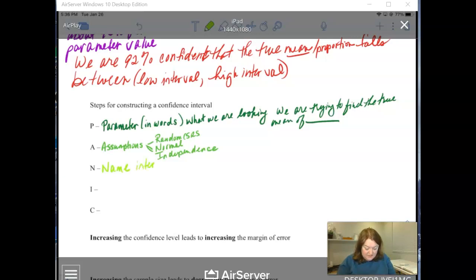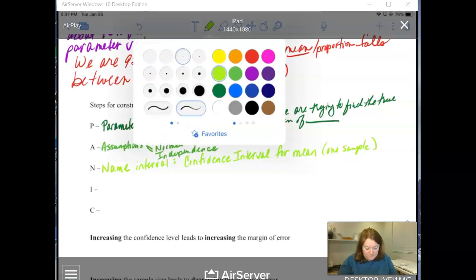In our case, the one we are doing right now as an example, we are doing a confidence interval for means, and it's actually a one sample, meaning we're not comparing two different numbers like a male versus a female, or different groups.